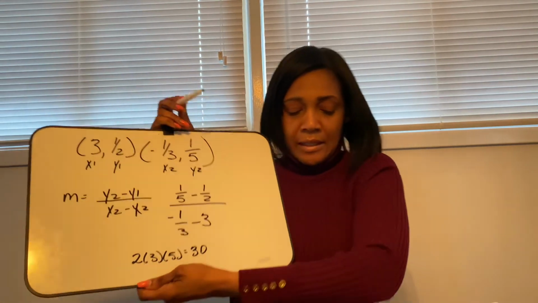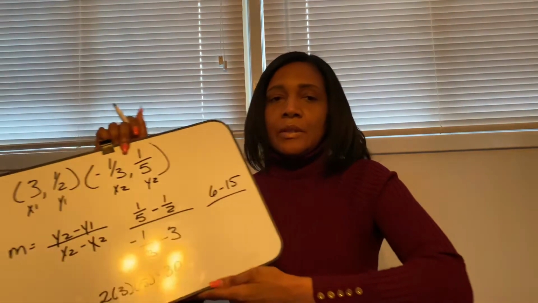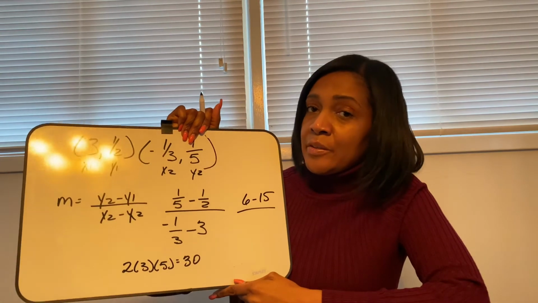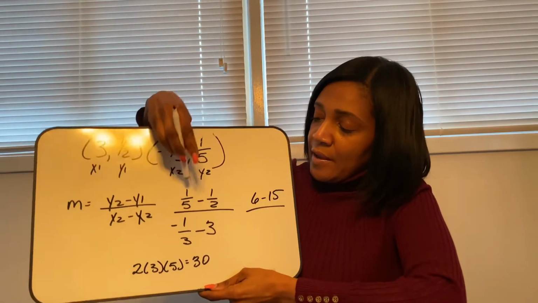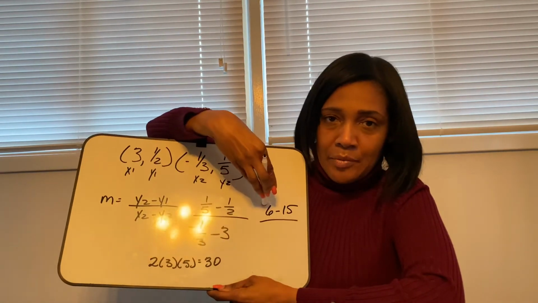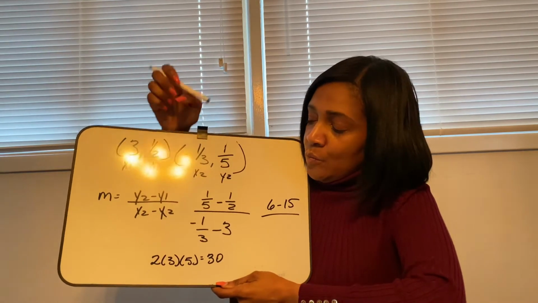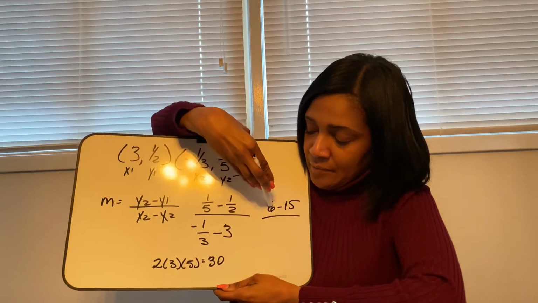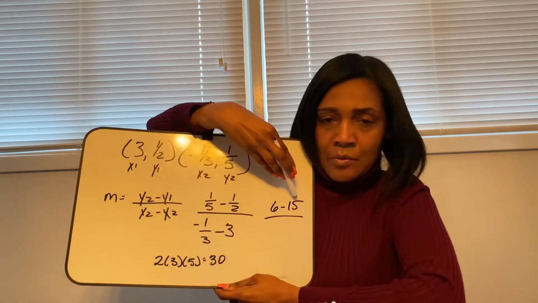Okay? So the next thing that we're going to do is, what's the easiest way to do this? Okay, so 6 minus 15. Now that we have our 30, we're going to divide our denominators into that. So 5 will go into 30 6 times. Did you see what I just did? We took our 5 denominator, 30 divided by 5 is 6, and then 30 divided by 2 is 15.